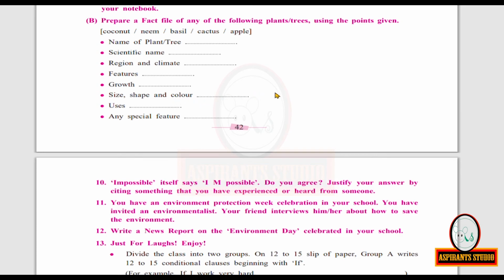The leaves can grow up to 7 feet long and can have 250 leaflets. You can write the uses of coconut trees. Then any special features left out you can write here. It is known as the Kalpavriksha in India or the tree of heaven and so on. You can write.